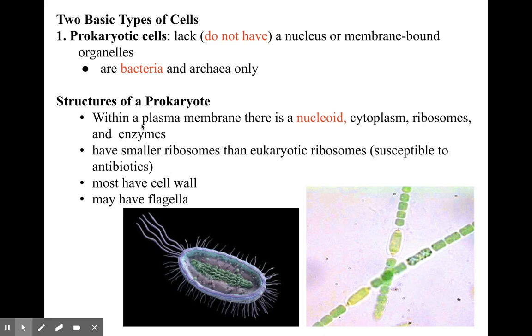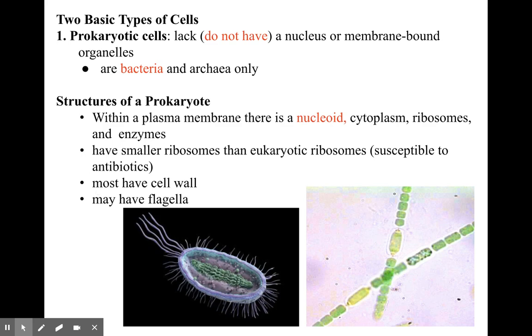And it has enzymes. Remember, enzymes are proteins that do the chemistry, which all cells have. They have smaller ribosomes than eukaryotes, and that's actually what makes them susceptible to antibiotics. But they do have ribosomes because ribosomes are just a protein, with RNA.